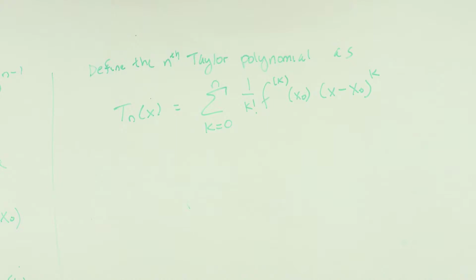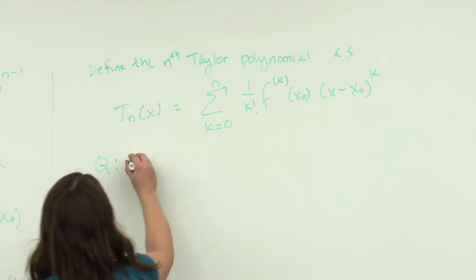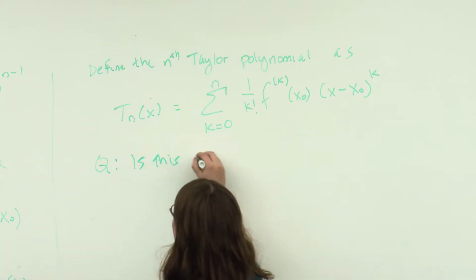Okay, so this part you've definitely seen before. You've seen this polynomial. Now, the thing that you should be worried about is, great, we wrote down a polynomial. At this one particular point, the function and the derivatives all match. But why does that tell me anything useful as soon as I leave that point? How good is this in general? So this is the question we want to ask. Is this actually any good as an approximation?